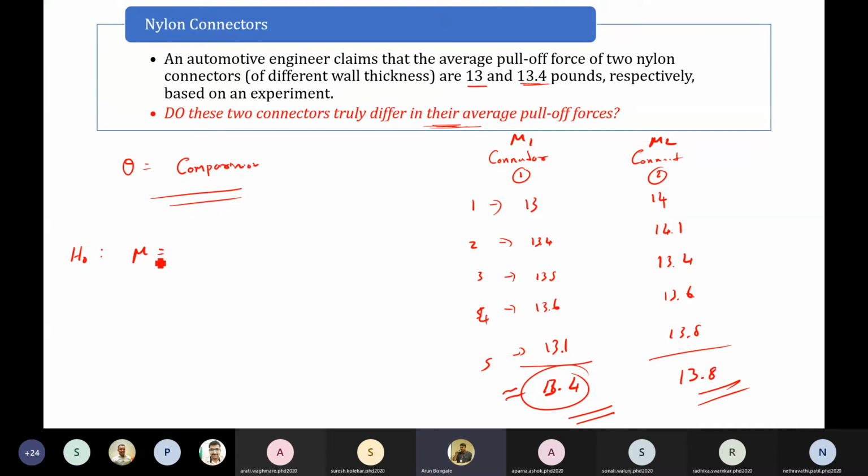So now I can say that mu1 is equal to mu2, right? Or last time, if you remember, we did it in another way, mu1 minus mu2 is equal to 0, right? Both are in the last class itself. And the alternate hypothesis would be mu1 not equal to mu2, or mu1 minus mu2 is not equal to 0, right?